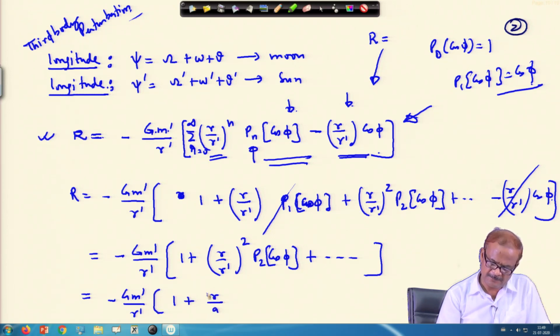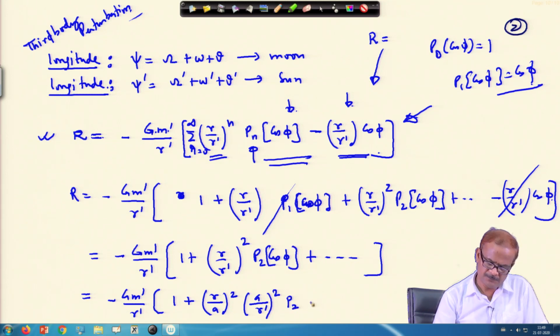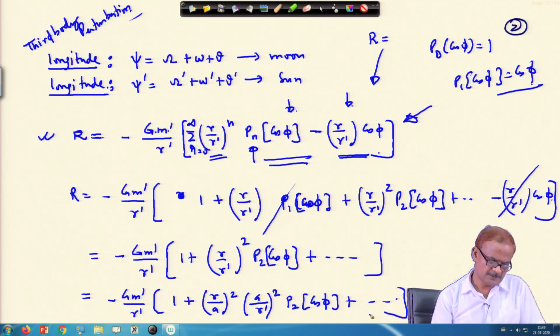This we can write as r by a square times a by r prime square times P 2 cos phi, and plus like this.